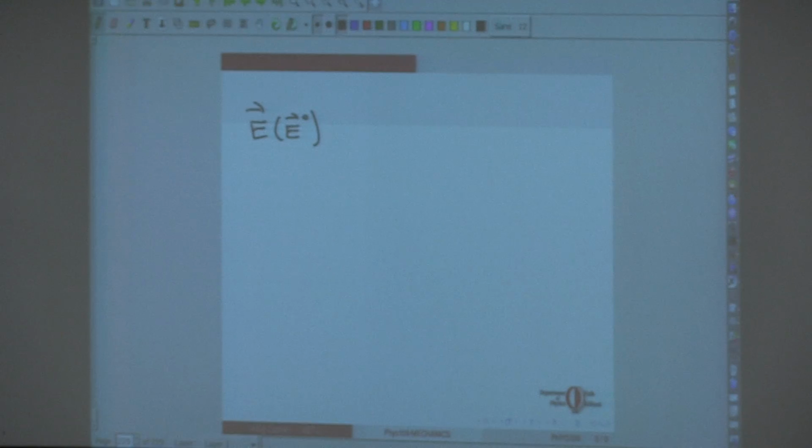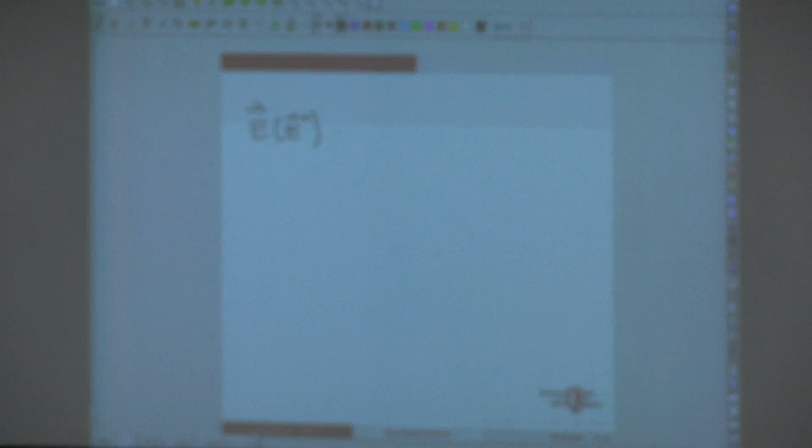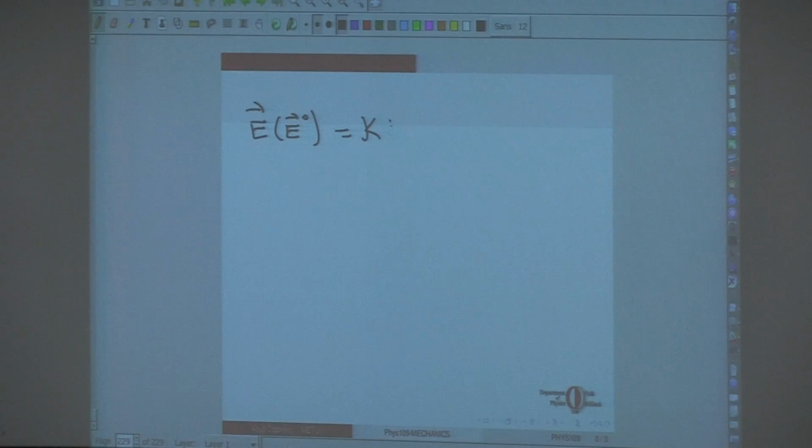If we start applying an electric field in the insulator in one direction, then we will probably, in most cases, get an electric field in the insulator in the same direction. So this basically tells me that the total electric field is a function of the applied electric field. It will have some constant times E0 plus maybe some other terms in the expansion.